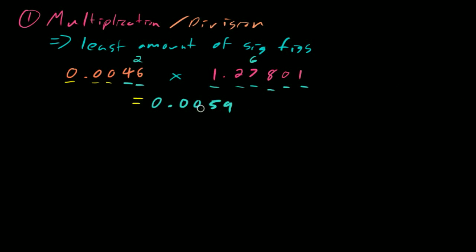If we were going to write this down in scientific notation, how should we write this down? Well, we would say 5.9, and our decimal place is going to move 1, 2, 3. So we would move our decimal place 3 spaces to the right.